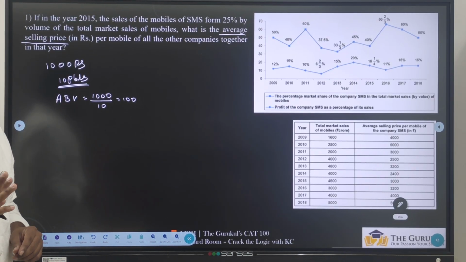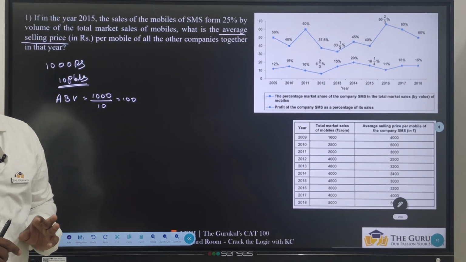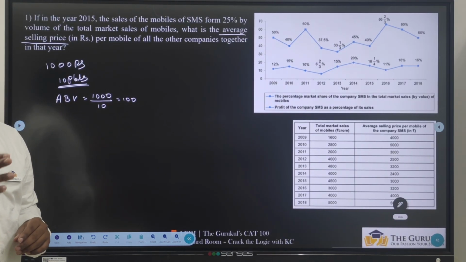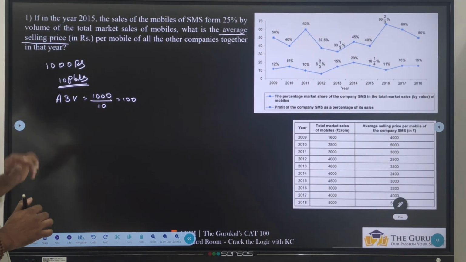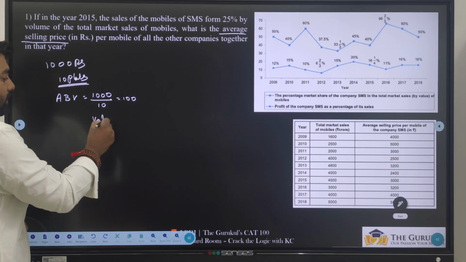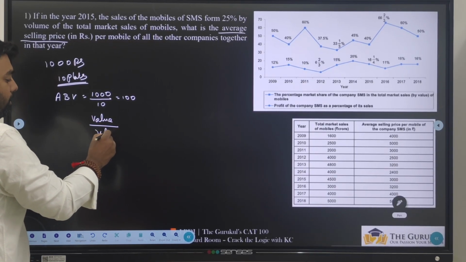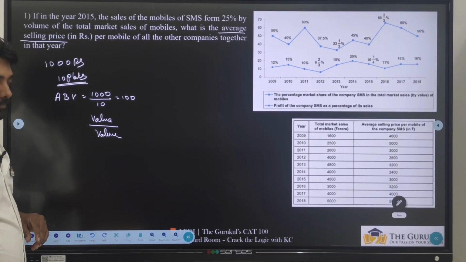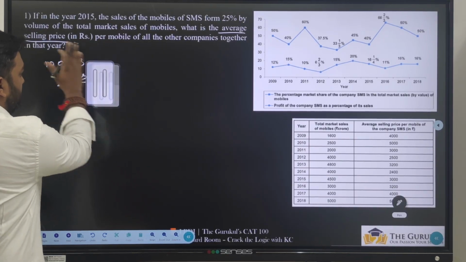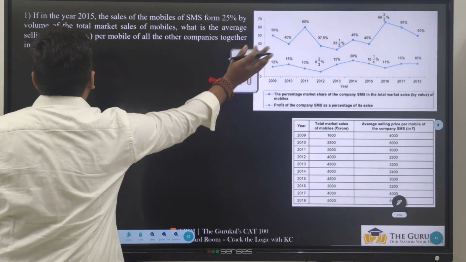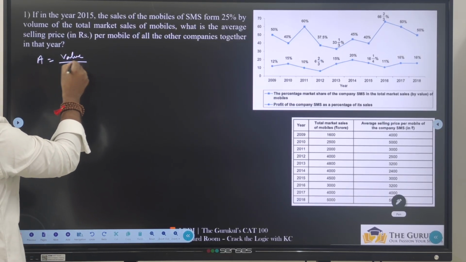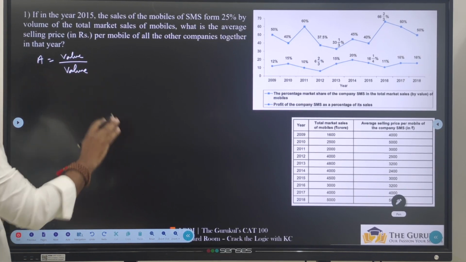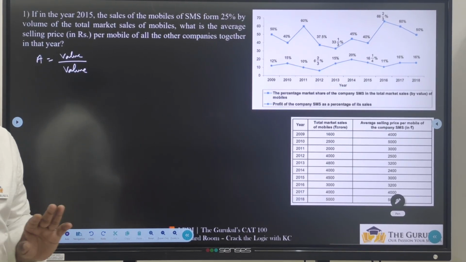That does not mean the price of each item is 100 rupees. Some can be less than 100, some can be more than 100, but this is the average price. How am I getting average price? That is always value by volume. Clear? This is the first thing we need to understand. Whenever they say average, average is always equal to value by volume.